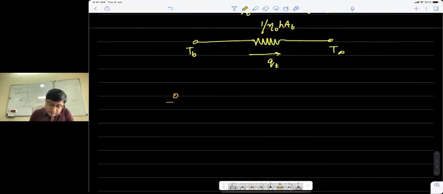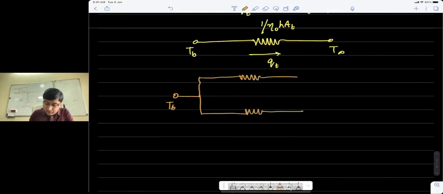So equivalently, this would be the same as heat flow from Tb to T infinity, except on one side the current I can write is QB, and on the other side the current is nQF.